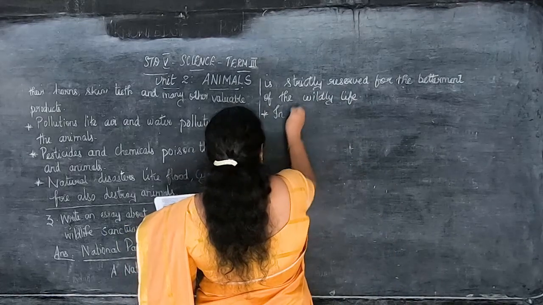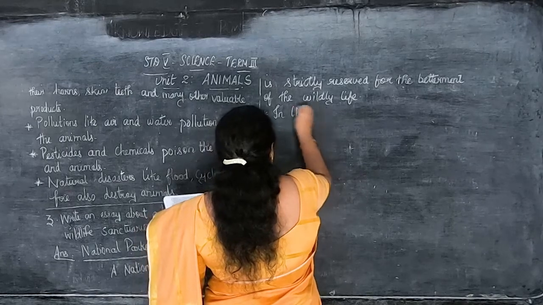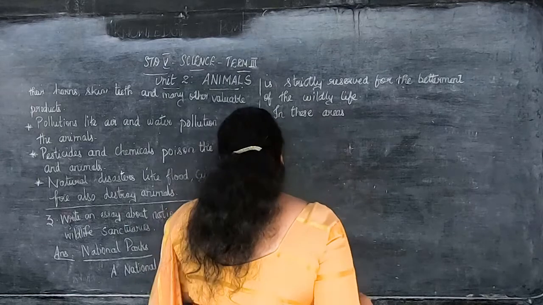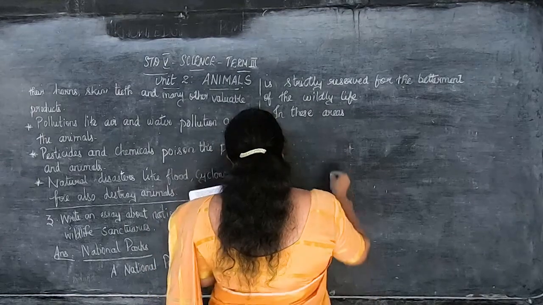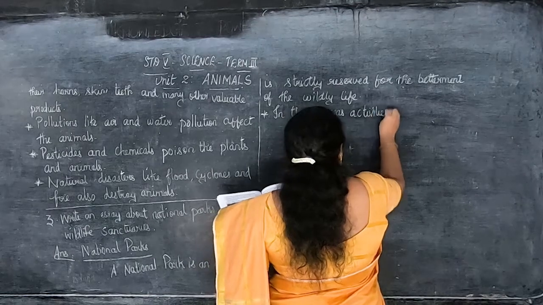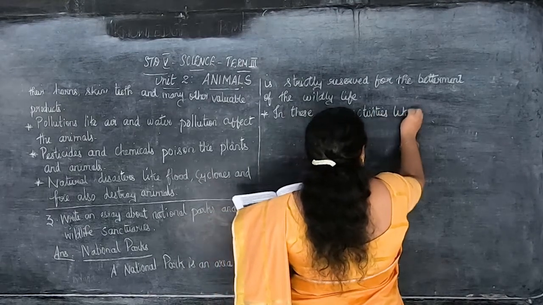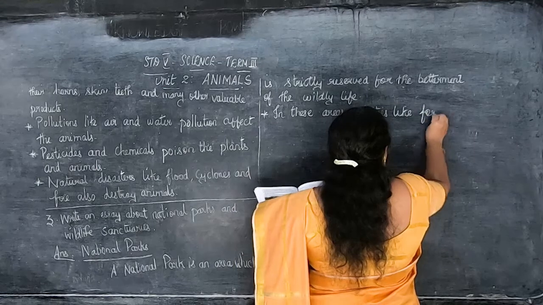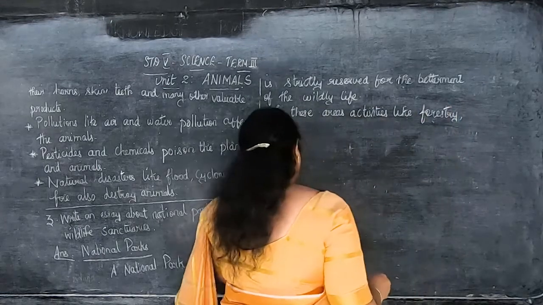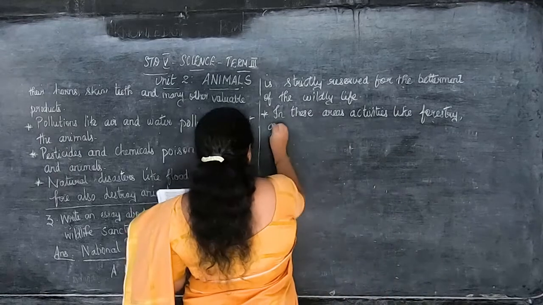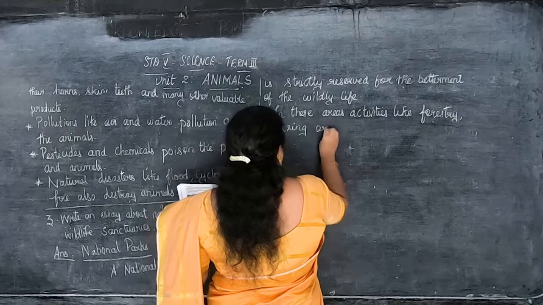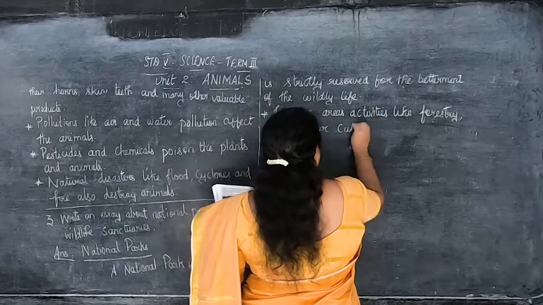In these areas, activities like forestry, grazing or cultivation are not permitted.